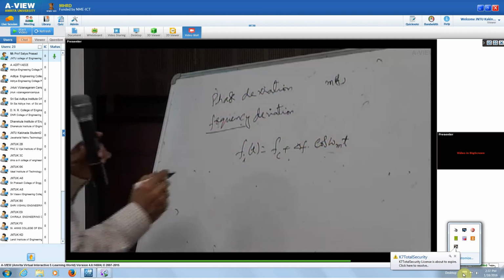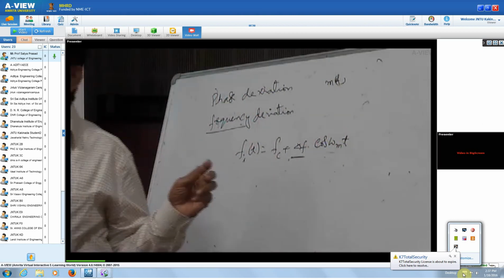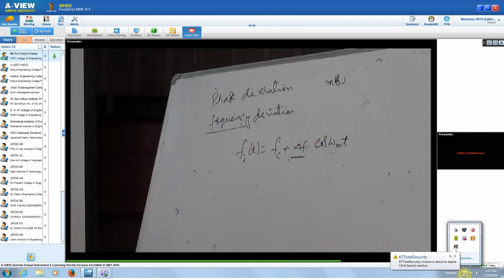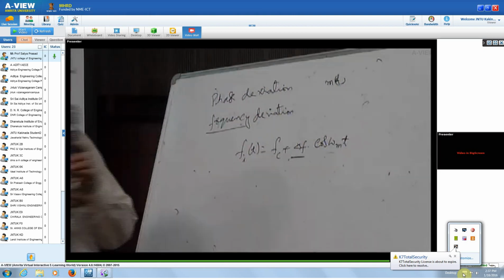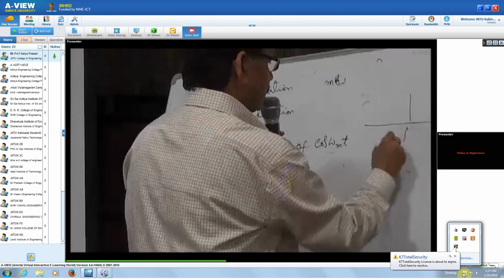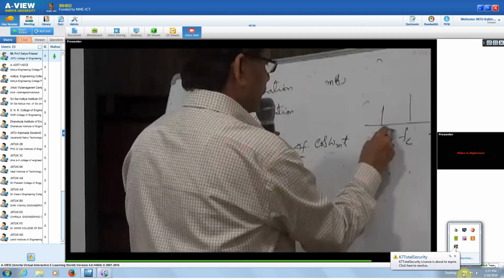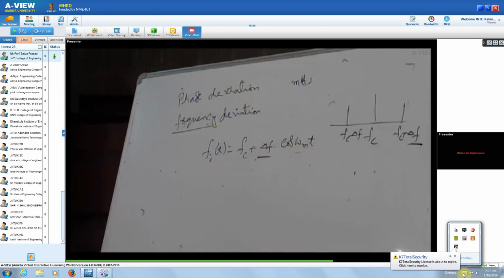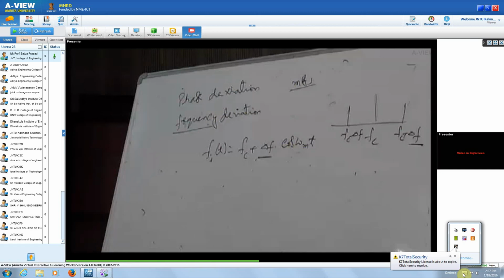Therefore, the maximum variation from the center frequency is this delta f. We are not talking about the bandwidth; we are talking about how much variation you get from the center frequency. This is fc, fc plus delta f, fc minus delta f. So this delta f is the maximum deviation. Similarly in the phase, we call it the phase deviation.